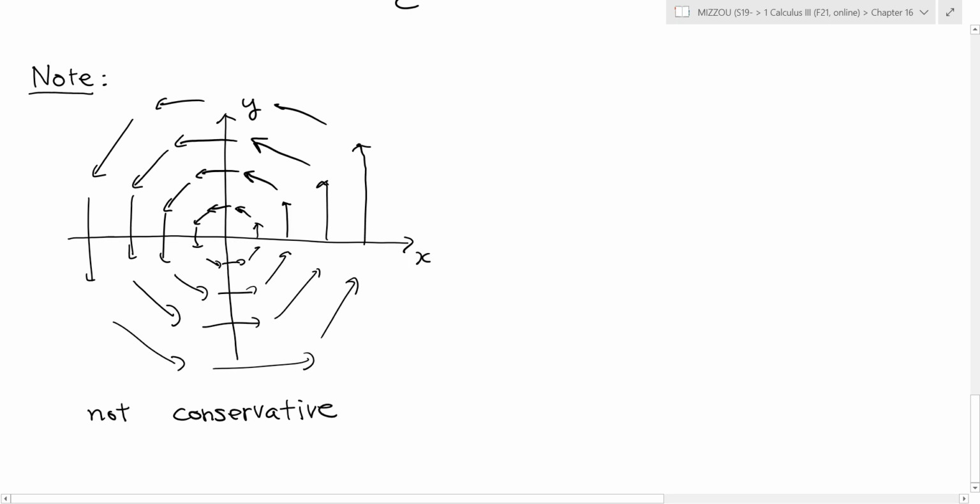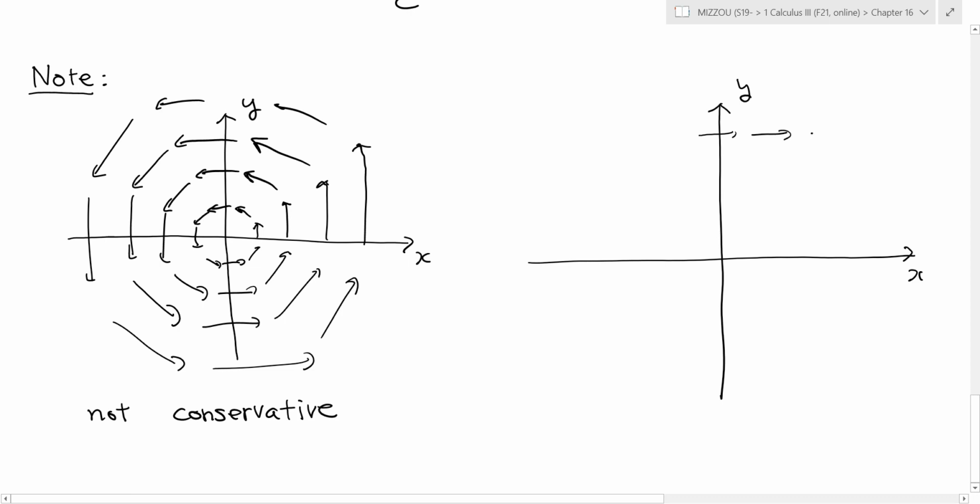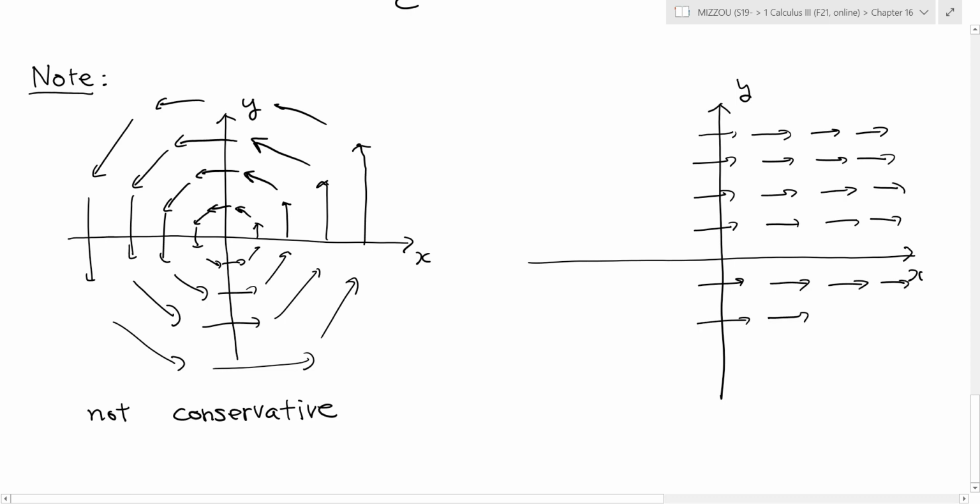On the other hand, suppose you have a vector field like this one, where the water is flowing horizontally in one direction with the same speed. What if you do the same thing?